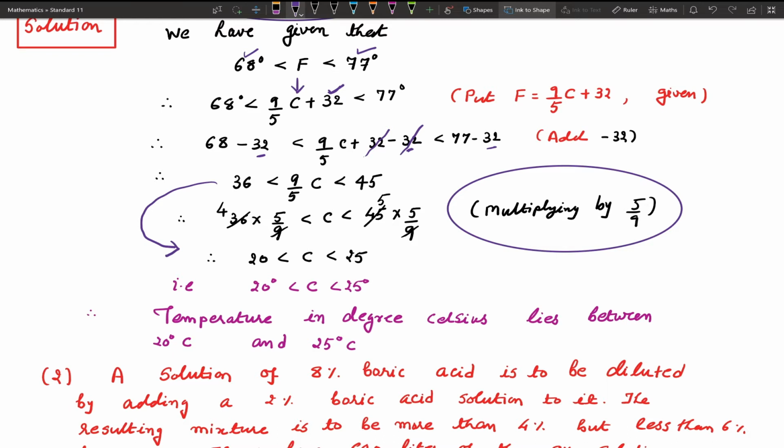C is Celsius temperature. So range of temperature in degree Celsius lies between open interval 20 to 25, or in other words you can say that temperature in degree Celsius lies between 20 degrees Celsius and 25 degrees Celsius.